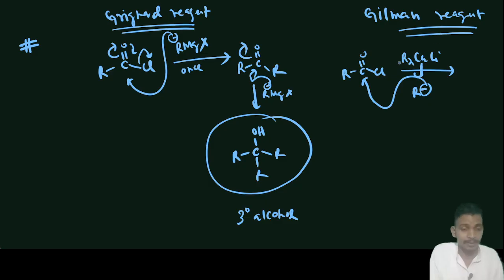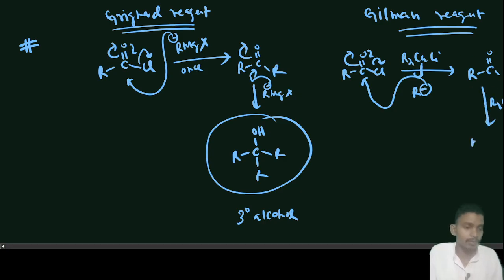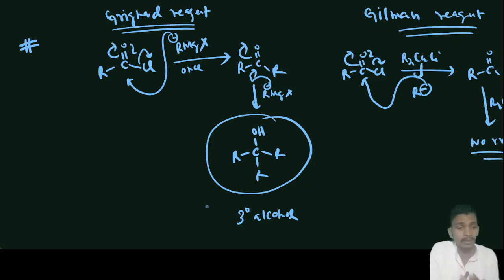This will go like this and the leaving group will leave. It means RCOR, up to ketone it will do, but after that the Gilman reagent will not work, so no reactions.